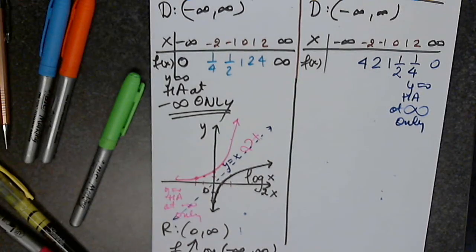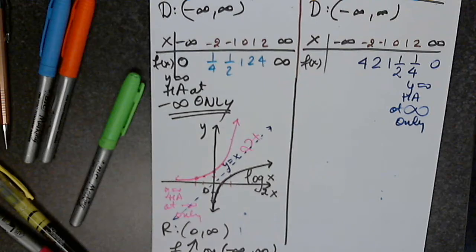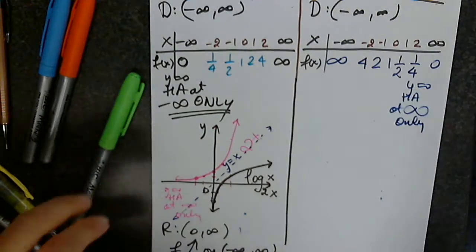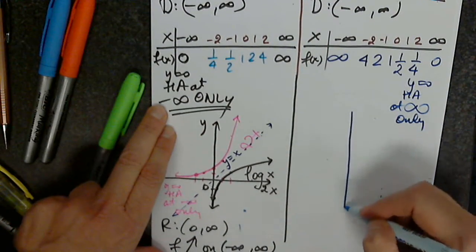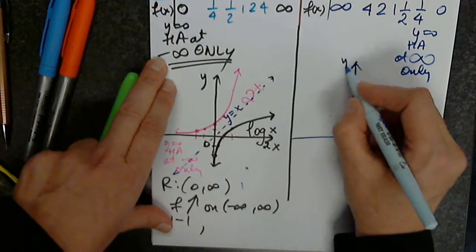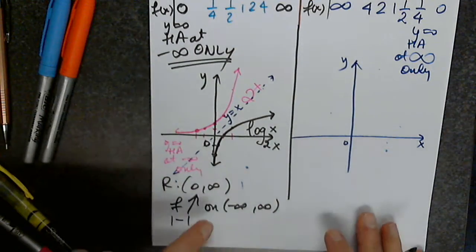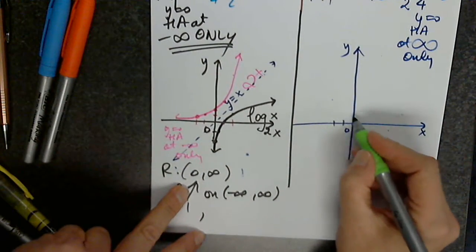Let's go the other way. 2, 4, 8, 16, 32, 64. Okay, very good. We are ready to graph it. Which ordered pair will you tell me to plot first? Very good.